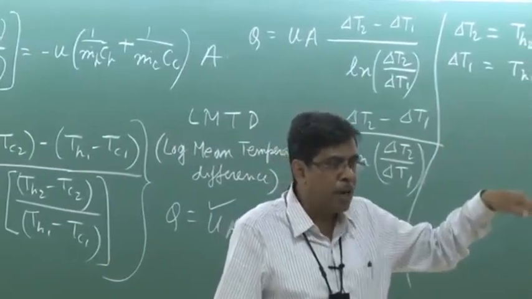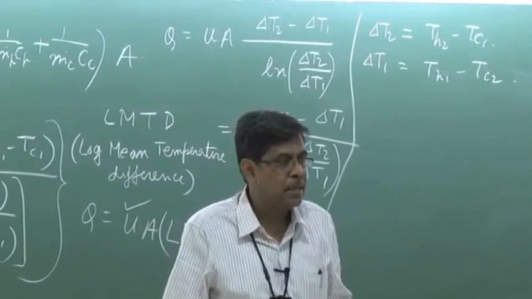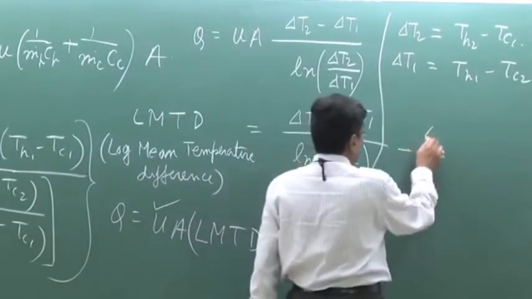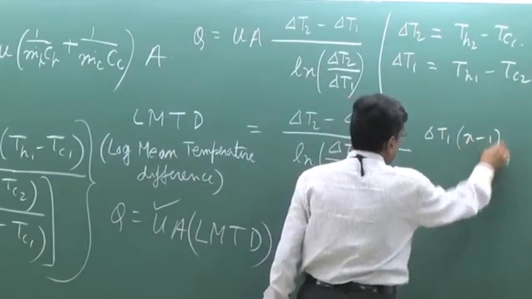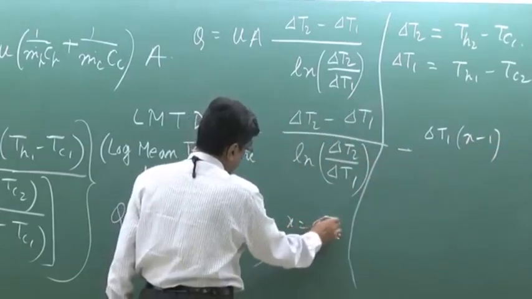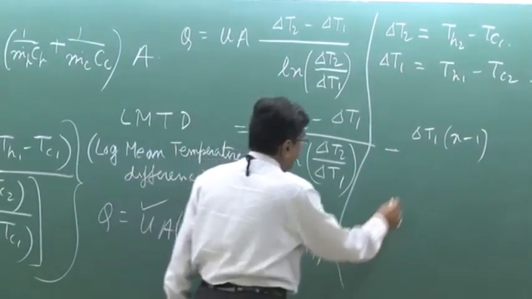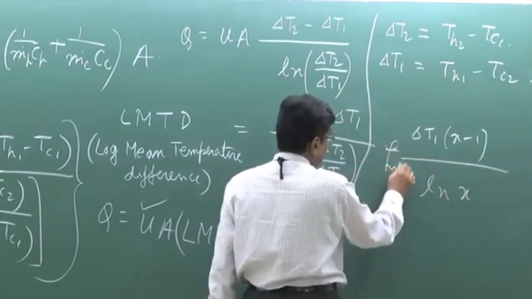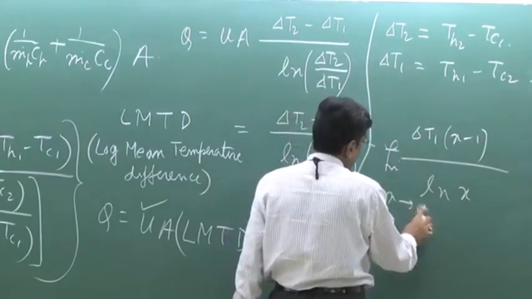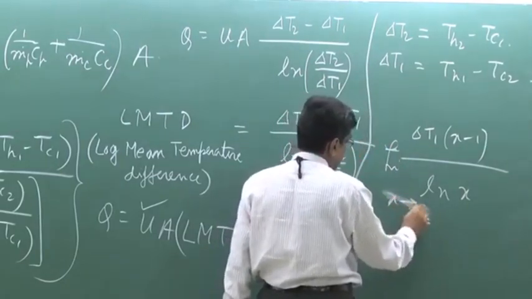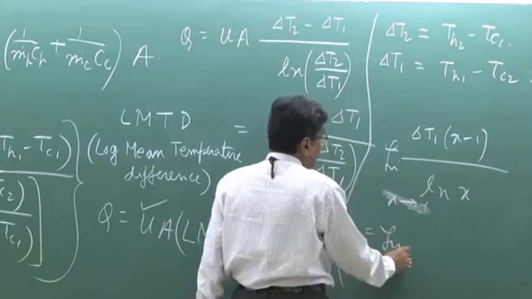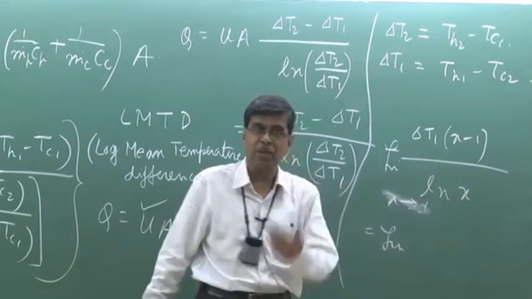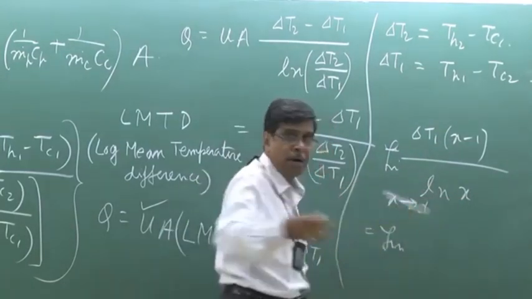This will be delta T1 into x minus 1, where x is delta T2 by delta T1, and we can write the denominator as ln x. Now we have to make a L'Hospital's theorem differentiation. Again it is 0 by 0 form, until the 0 by 0 form is gone, so we have to go for a number of steps.